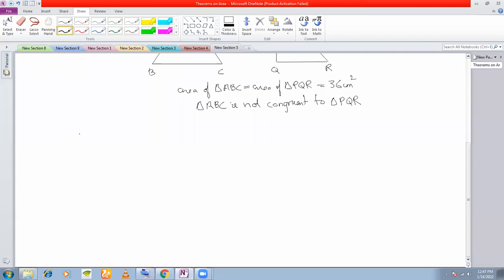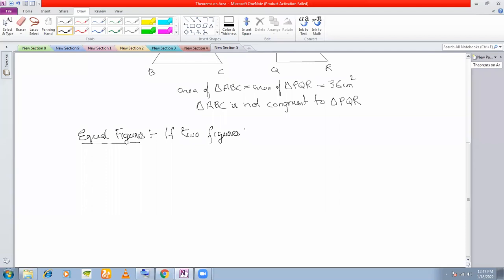Now equal figures. What do you mean by equal figures? Equal figures means if two figures have equal areas, then they are said to be equal figures. Geometric figures, obviously.